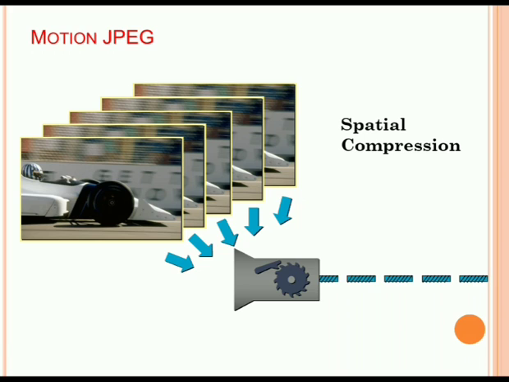In the first picture we can see the total image of the car. In the second picture we see the same image but at a different place, as the racing car moves. All that data is similar; only the position of the car changes. In that case spatial compression occurs here, and we can use compression techniques for the purpose of compression.